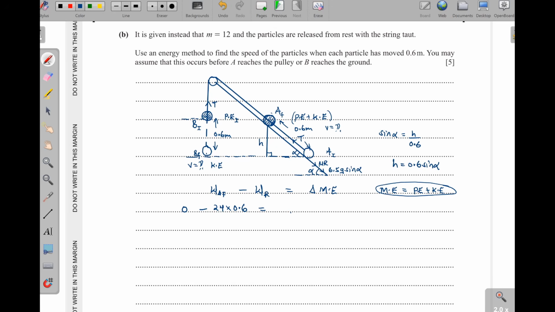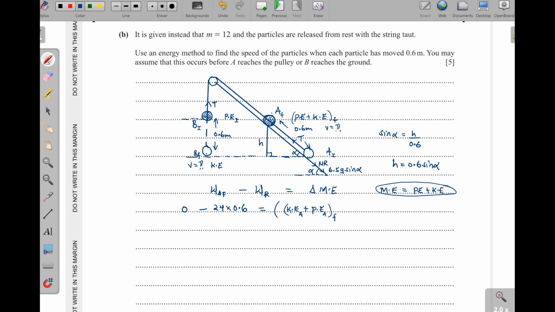So we have to get final. For final, I'll have kinetic energy plus potential energy. That is for A, okay?